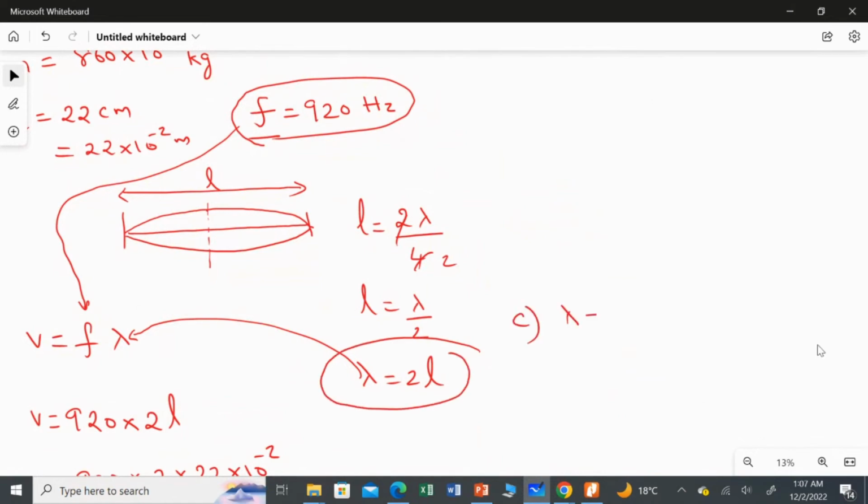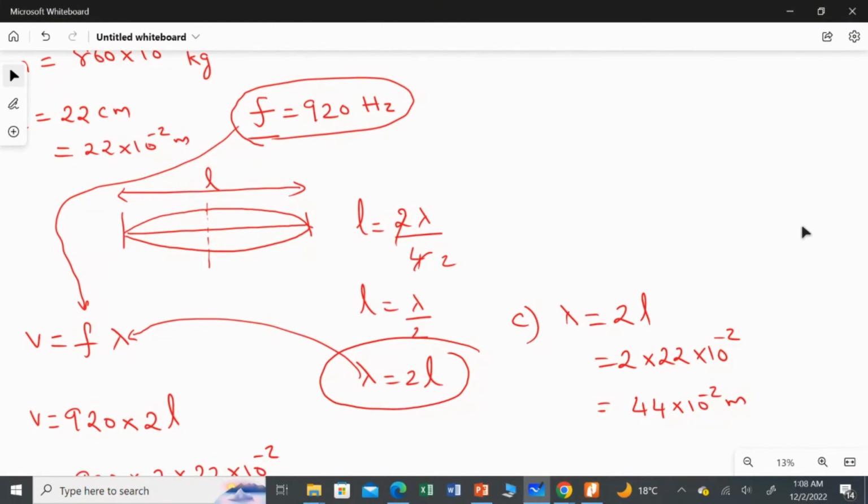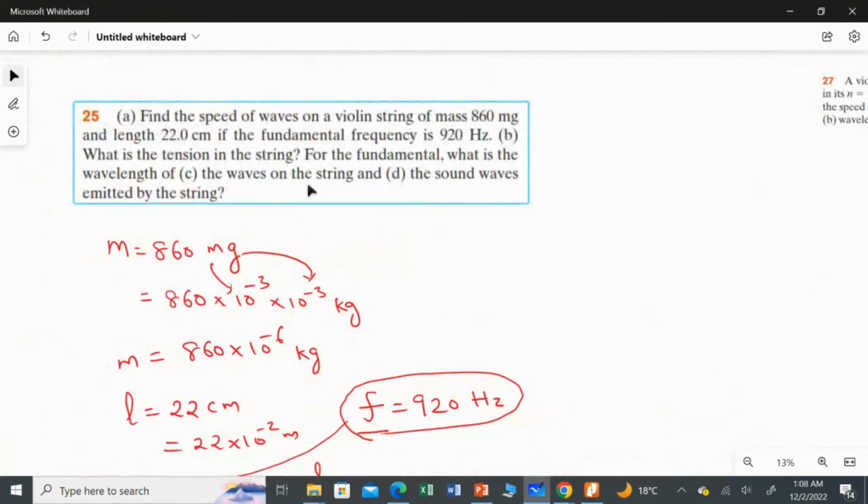So therefore, 2 multiplied by 22 multiplied by 10 power minus 2, we got 44 multiplied by 10 power minus 2 meter. Clear? That's it, because we already find the answer, right? So this is the answer for the third part, and we have to go for the fourth part.